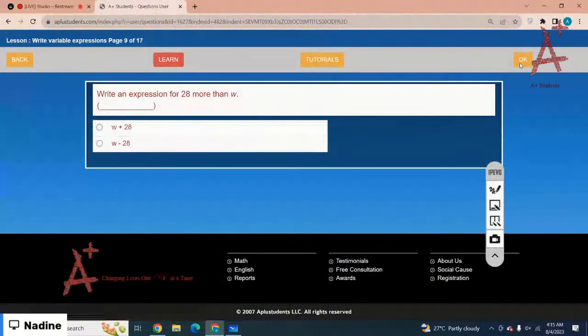Write an expression for 28 more than W. So you have to add. More than means you have to add. So it would be W plus 28. Very good.